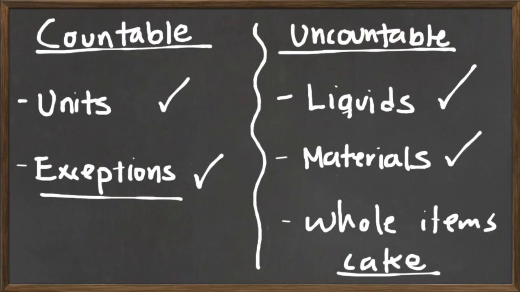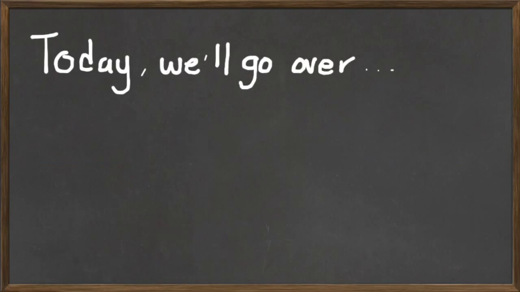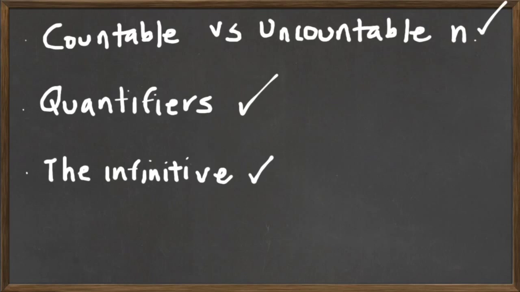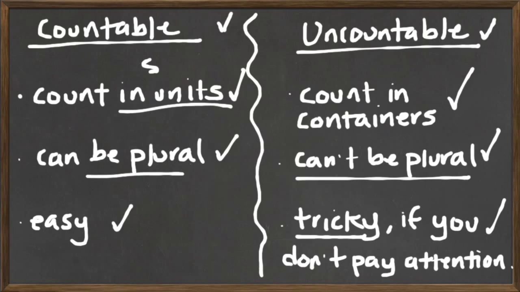Okay, so let's recap a little bit on what we did. We did Unit 2 today from Global English for you, the pre-intermediate student, when we looked at the grammar of the unit. We talked about countable nouns and uncountable nouns, quantifiers, and the infinitive form of the verb for a couple of objectives. Countables can be counted in units, they can be plural, whereas uncountables don't have a plural form.